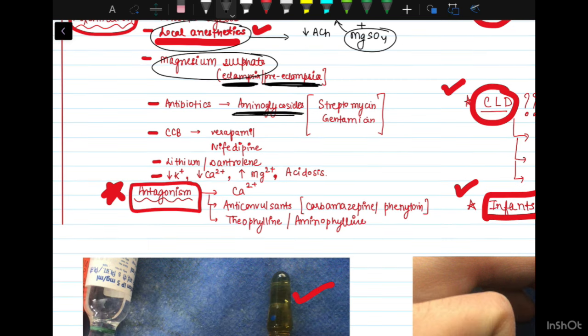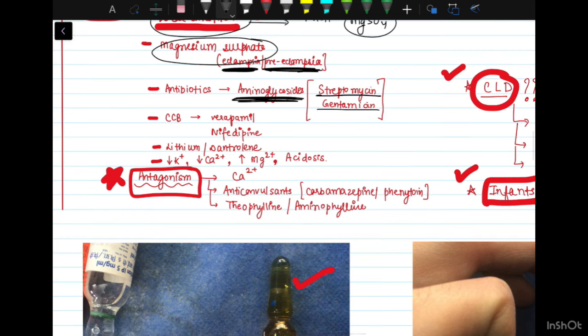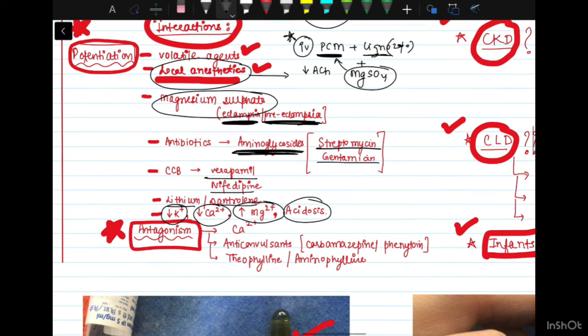If you are using aminoglycoside antibiotics like streptomycin and gentamicin, they may prolong the effect. Verapamil and nifedipine, which are calcium channel blockers, lithium, dantrolene, and electrolyte disturbances like hypokalemia, hypocalcemia, hypermagnesemia, and acidosis, are all going to prolong the action of neuromuscular blockade.